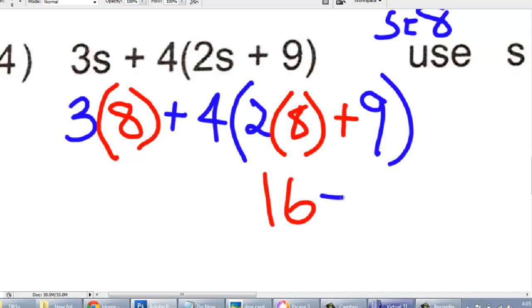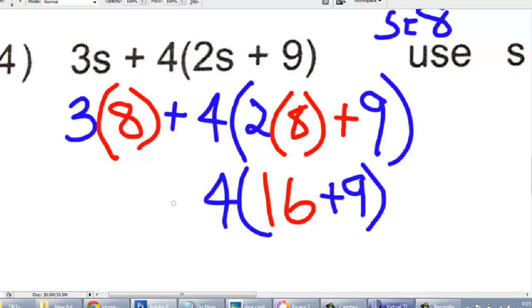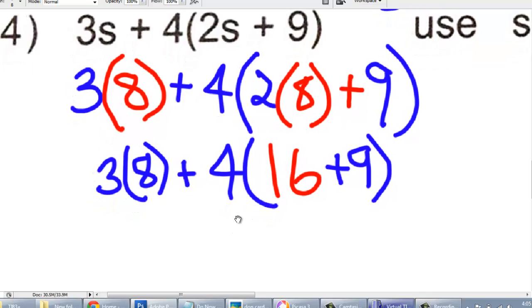Now I'm going to bring down the positive 9, so it's going to be 16 plus 9. I'm rewriting it as we go, so we make sure we're going in the right direction. Parentheses come first in PEMDAS, and 16 plus 9 is going to be 25.